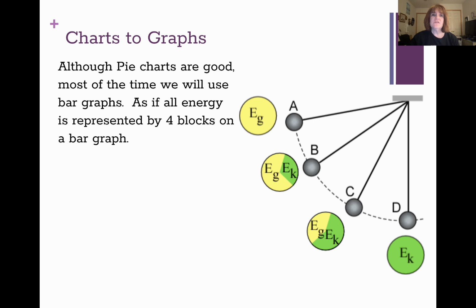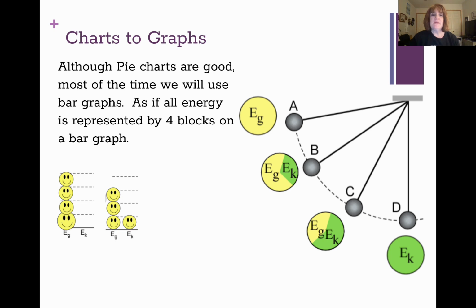From charts to graphs, although pie charts are good, most of the time we're going to want to use a bar graph. And a bar graph has 4 blocks of energy that will represent all the energy, as if you could divide your pie into fourths. So at position A, we would have all Eg, so that would be 4 blocks of Eg.